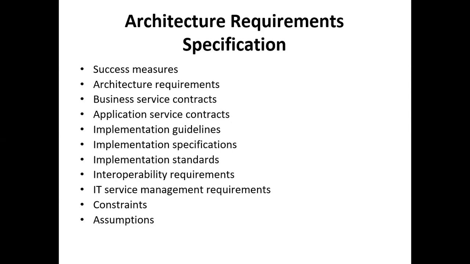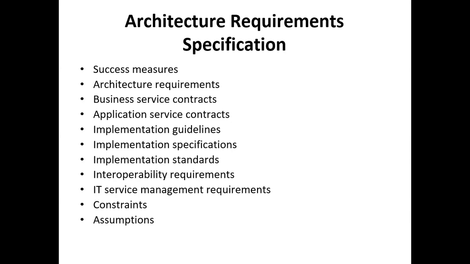Now, for example, what is the difference between architecture definition document and requirement specification? The difference is architecture definition document, whatever you put there, it is qualitative in nature. Whatever you put within the requirement specification is relating to the requirements of the project and is quantitative in nature. Means it will give you a quantitative output.